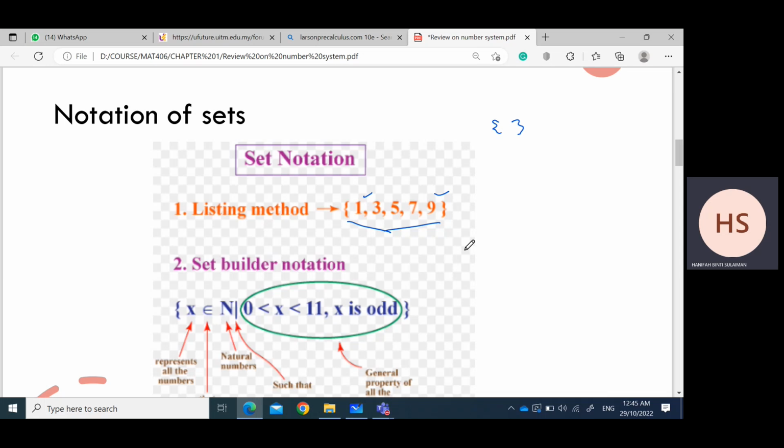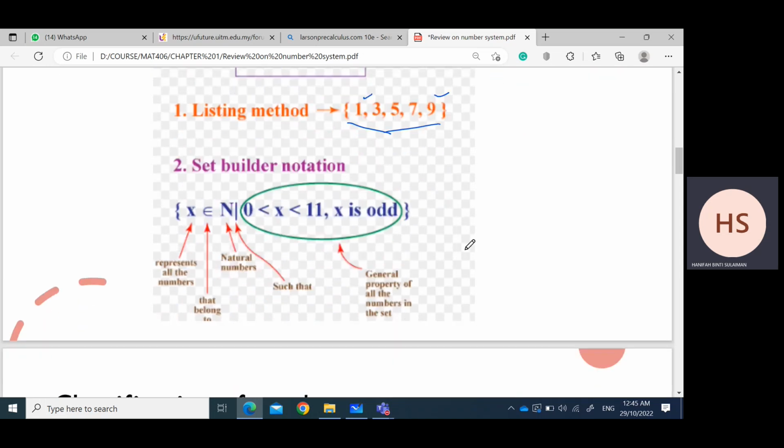Okay, the other one is set builder notation. This is the difference from the first one. Yang ini kita panggil sebagai set builder notation because it gives us a clue. Where X, kat sini ada X. X is the element of a number, and X is in terms of natural numbers, or we can say X belongs to the natural numbers.